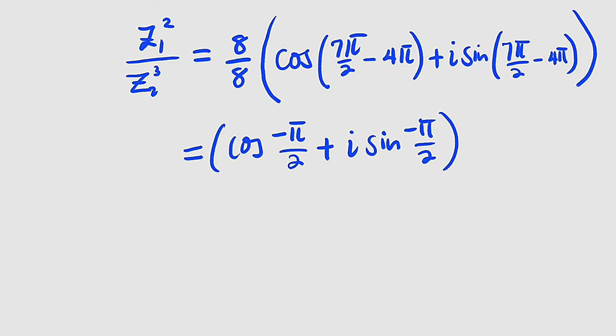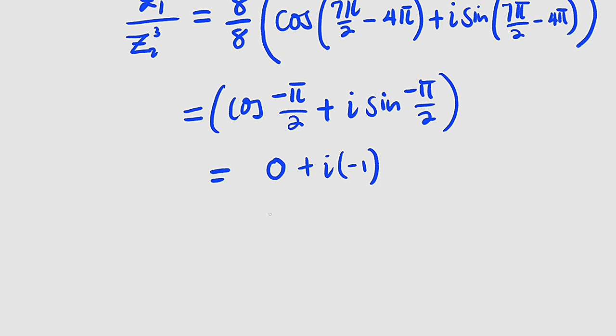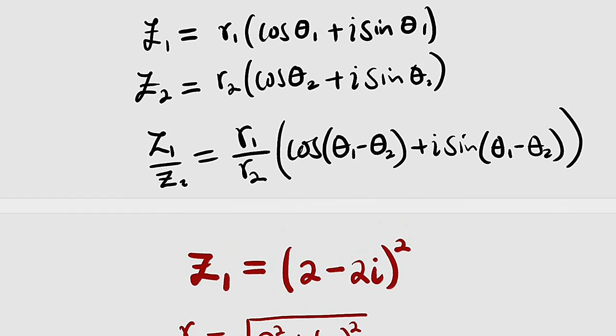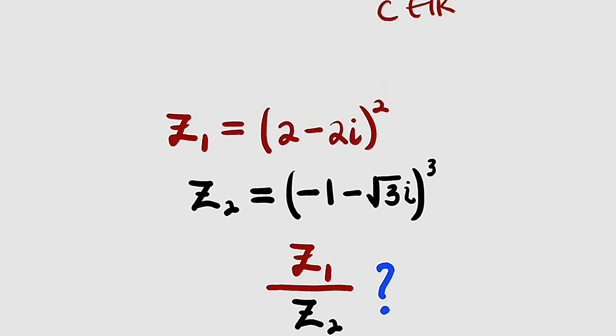So what is cosine of that angle? It is equal to 0, definitely. And sine of that angle is equal to negative 1. Plus I multiplied by negative 1. And this is equal to negative I, because I times negative 1 is negative I, plus 0 is negative I. This implies that if you divide these complex numbers, you are going to obtain negative I.